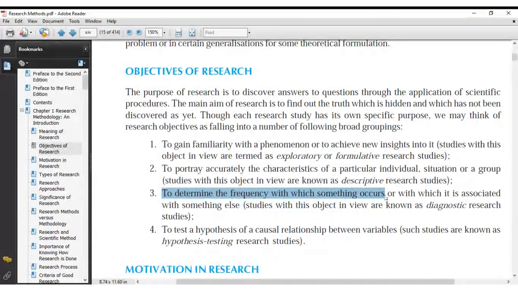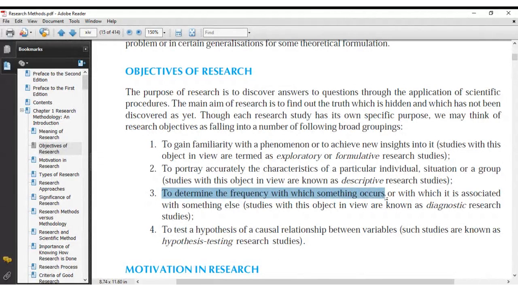For instance, you can research how many internet users visit Jumia in a day. So when you are doing that, you are determining the frequency with which something occurs.